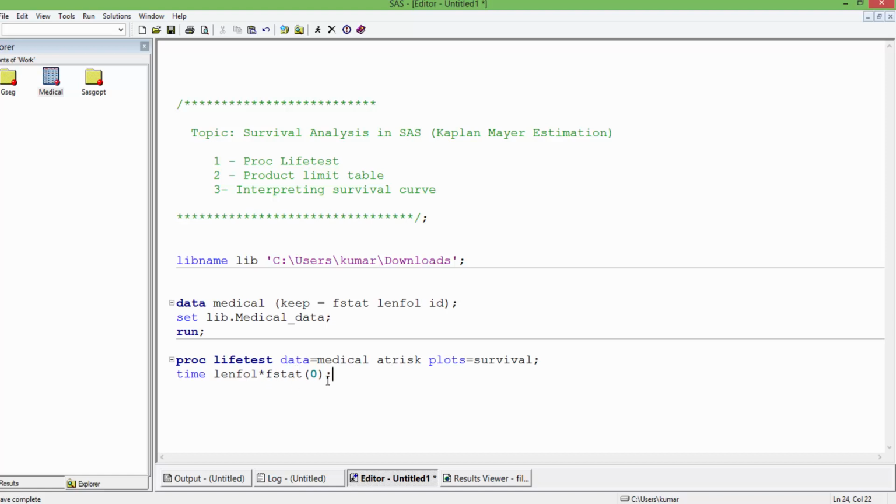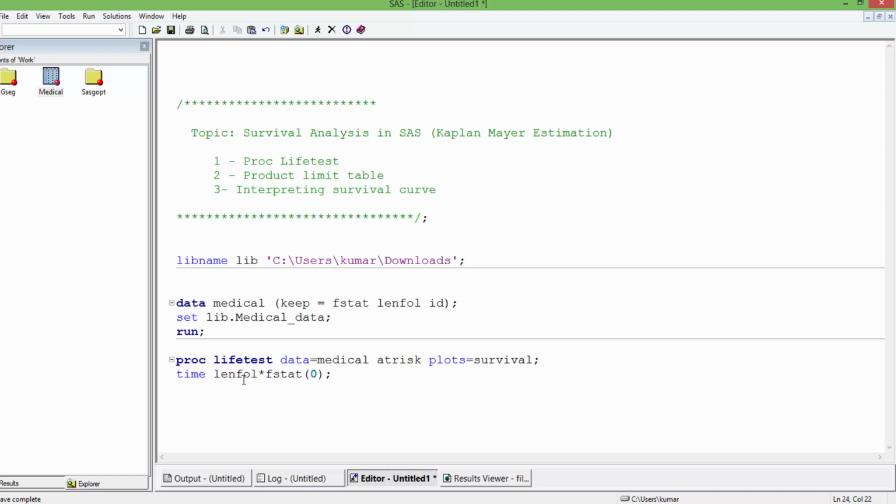Let us understand the syntax. PROC LIFETEST is the proc that is used for estimating the Kaplan-Meier function. Atrisk is used to know the count of patients at risk at different time points, and then we use the plots option for plotting the survival function.